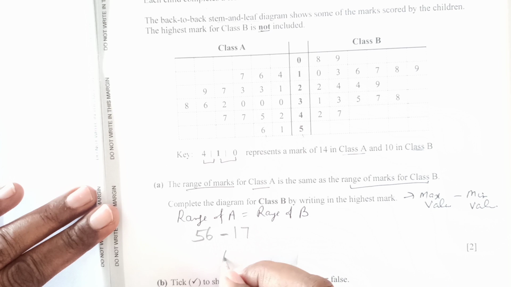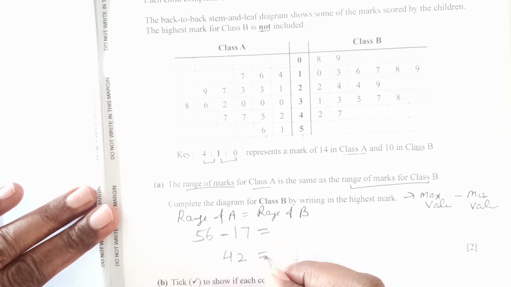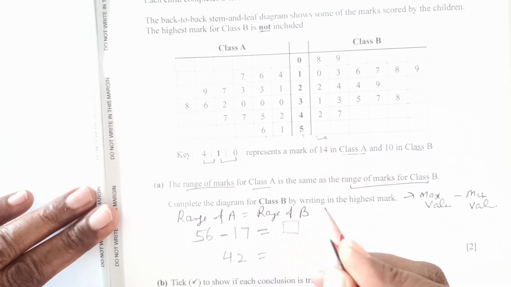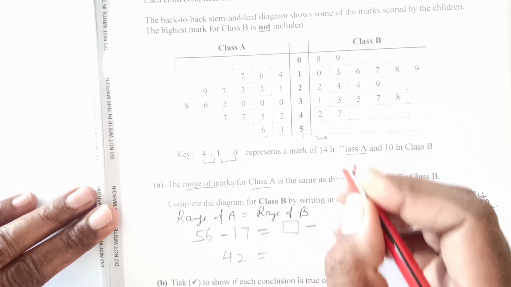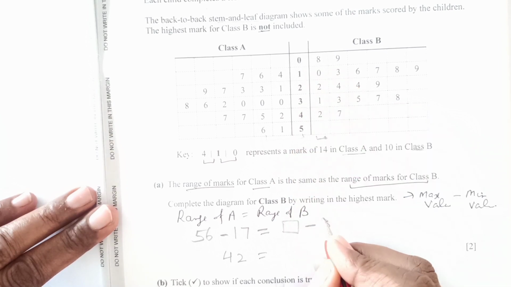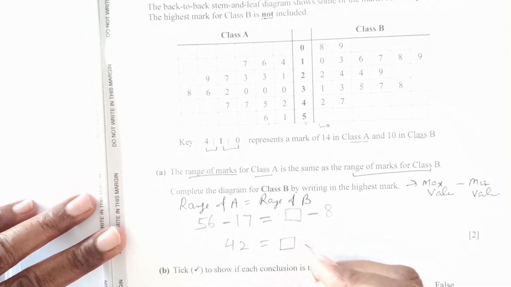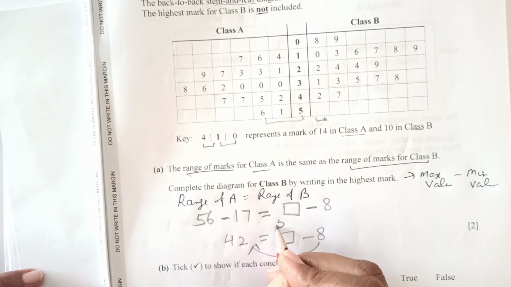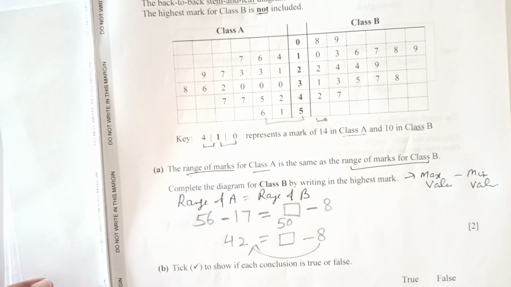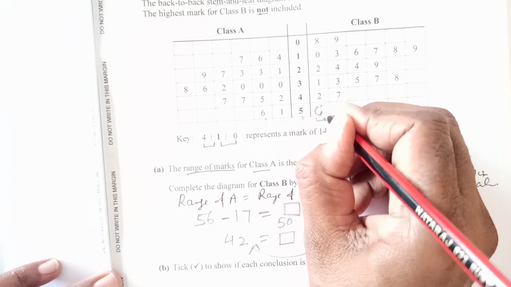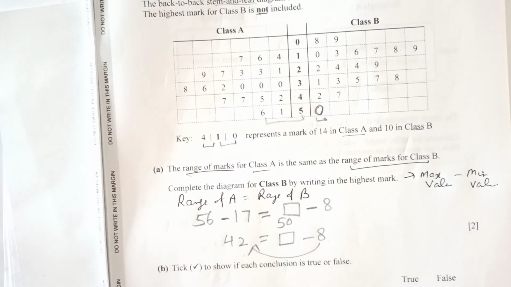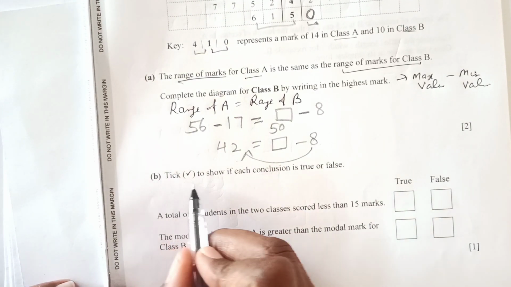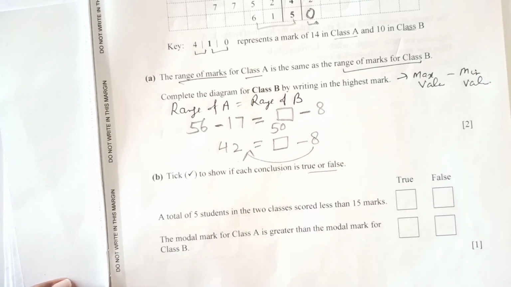So this is 42, and this is equal to the range of B. We are missing the highest number here. Let's put a dash for the highest number, minus the lowest one, which is 8. So something minus 8 should equal 42, so 42 plus 8 is 50. 50 minus 8 gives you 42. So there should be a 0 here in the highest value, right? So that's the first part. Now the second part, tick to show if each statement is true or false.